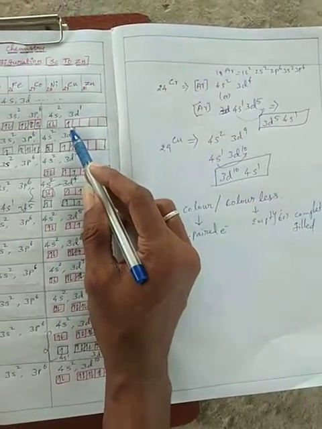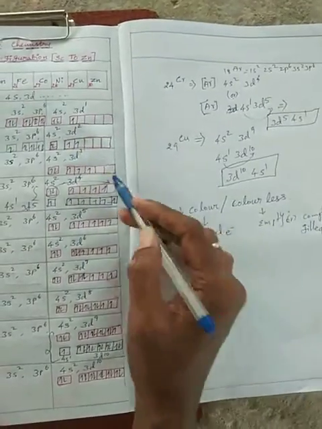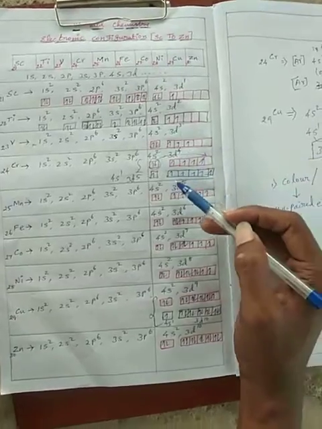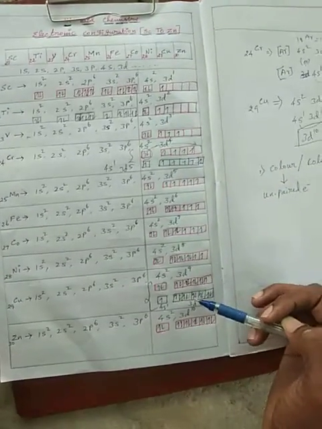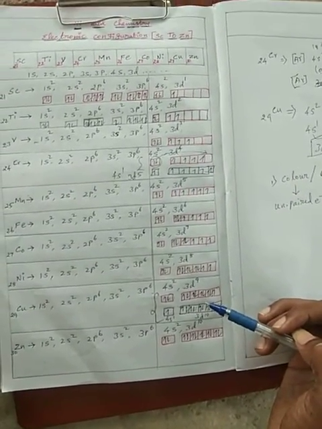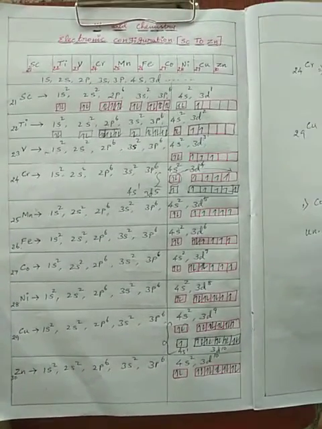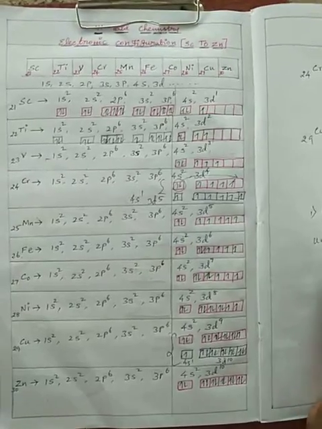Unpaired electrons are present in the outermost shells. Scandium, titanium, vanadium, chromium, up to copper have unpaired electrons, so those transition element metals are colored.